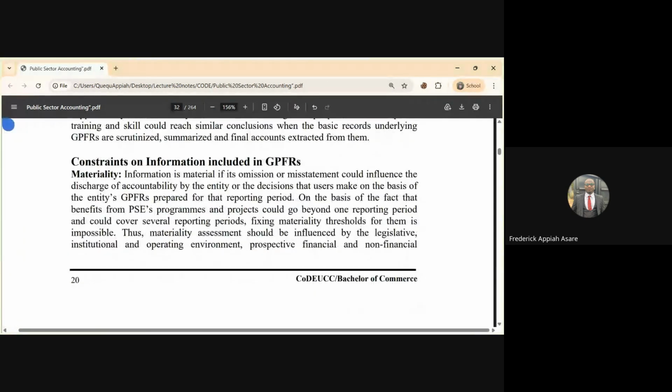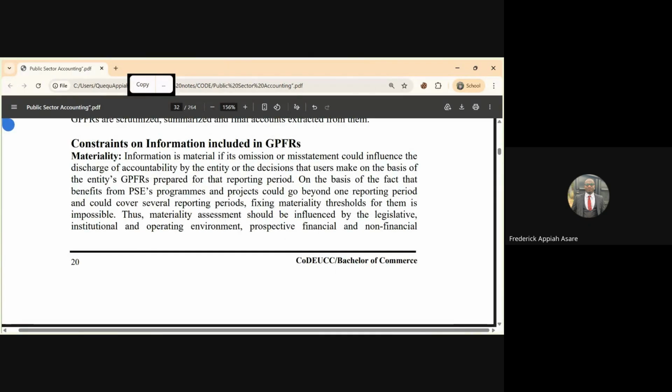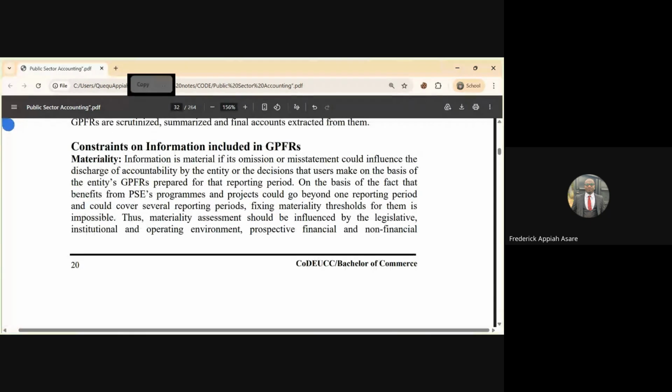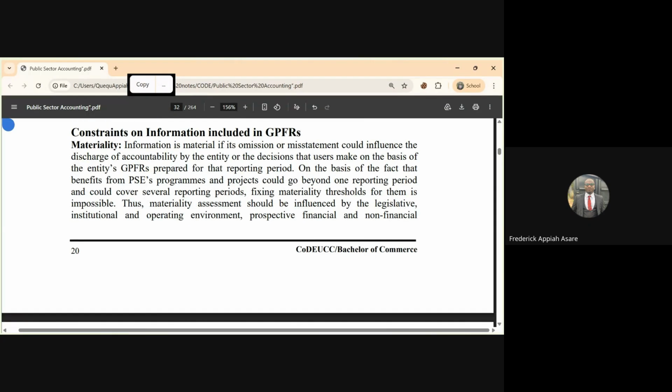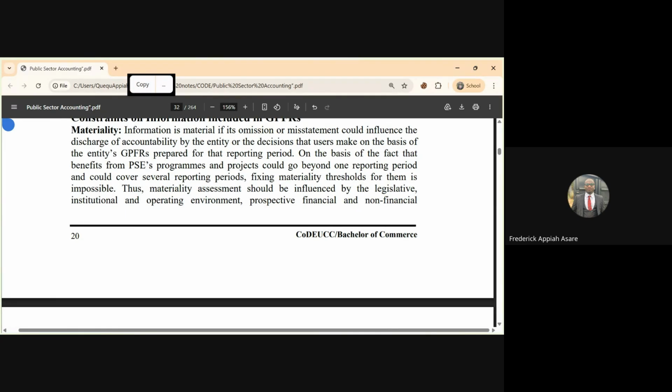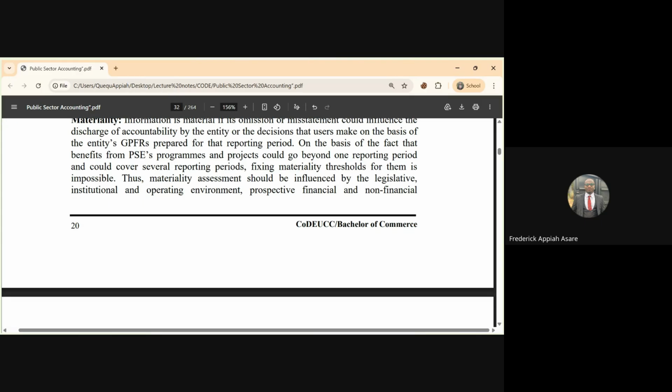Now let's look at some of the constraints on information included in the general purpose financial reporting. Materiality is one of the main constraints. Information is material if its omission or misstatement would influence the discharge of accountability by the entity or the decisions that users make on the basis of the entity's reports.